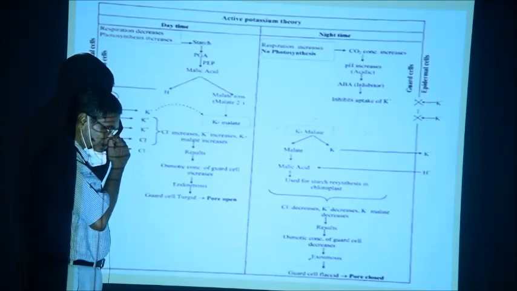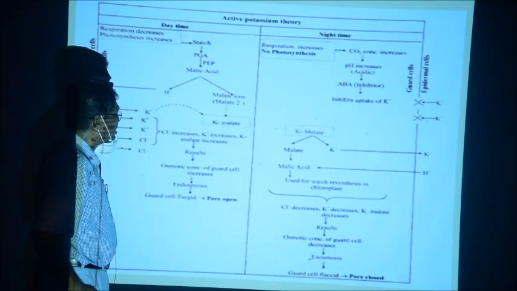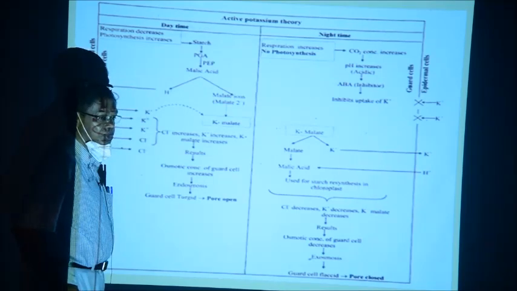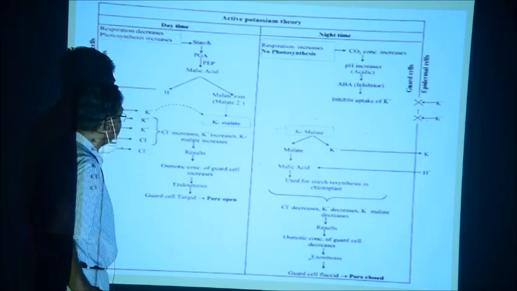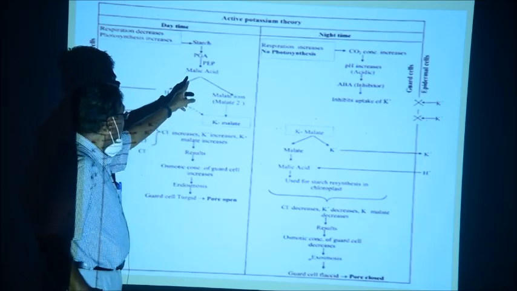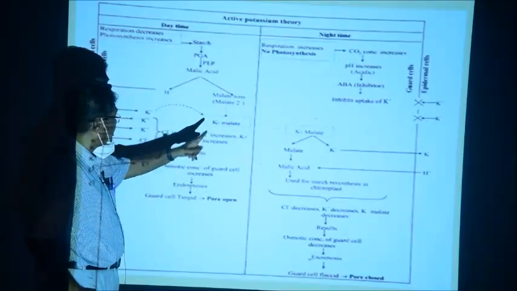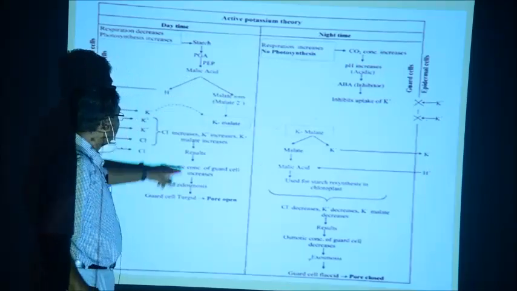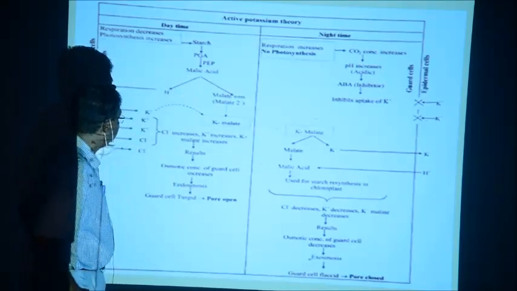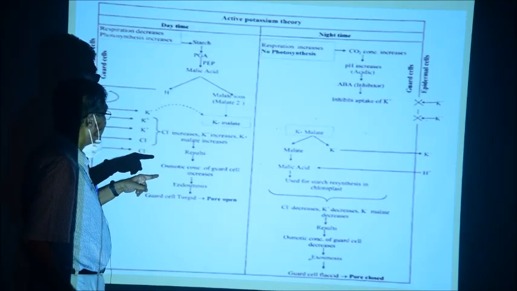This is a process in all plants where sugars are converted to phosphoglyceric acid during respiration. The PGA or phosphoglyceric acid gets converted to phosphoenol pyruvic acid, and phosphoenol pyruvic acid gets converted to malic acid, and so two acids, phosphoenol pyruvic acid and malic acid.